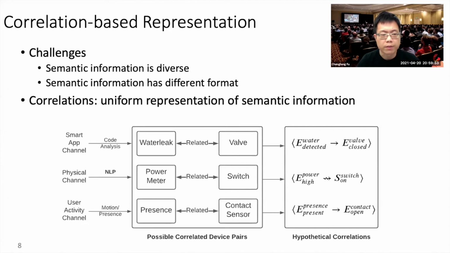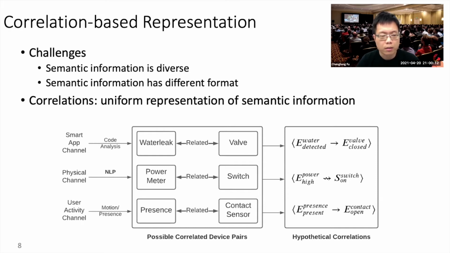In the physical channel, we apply natural language processing on the descriptions of device attributes so that we can automatically discover possibly correlated devices, for example, the common sense relation between the power meter and the switch.